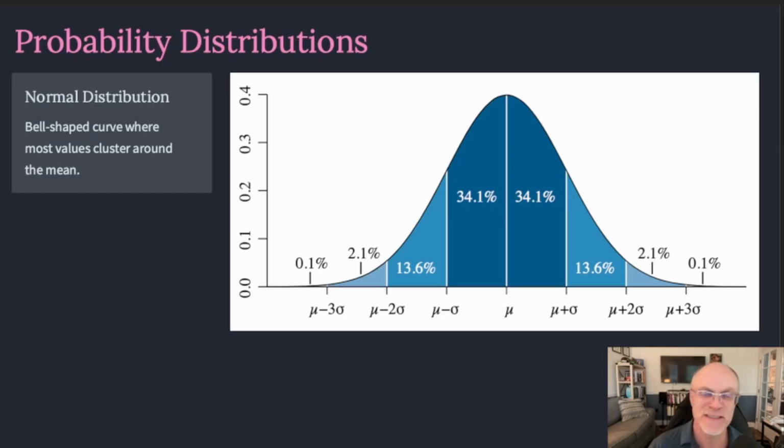So standard deviation you can think of as kind of like what's a normal difference from the average for each of these values. And you can see within one standard deviation in this dark blue area, you've got 68% of the values all fall within one standard deviation. And then they get much more tapered off after that. So a lot of times the data will follow this kind of pattern, and then that helps us make some assumptions about it. This is not the only distribution, but it is a very common one.